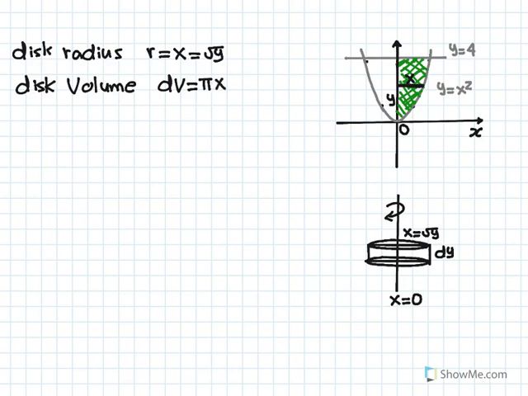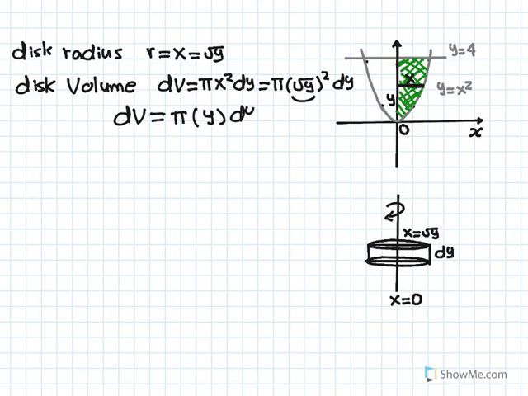Radius is x, so pi x squared dy. That's equal to pi times x is root y. Let's substitute that in. We get root y squared dy. So the disk volume dV is equal to pi times root y squared. Root y squared is just y. Pi y dy. This is what we're finding here, the volume of this disk.